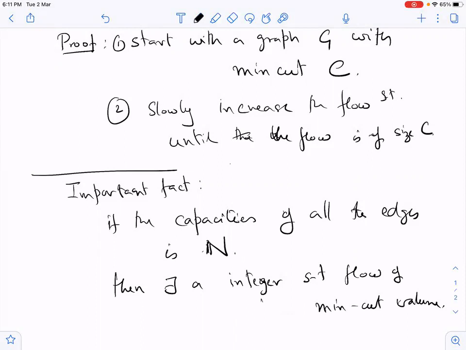Or in other words, what is an integer ST flow? An integer ST flow is a flow where along every edge the flow is an integer value.